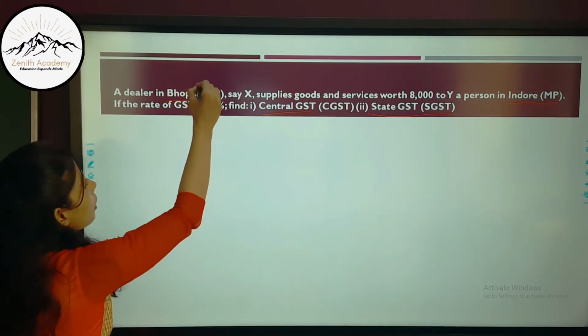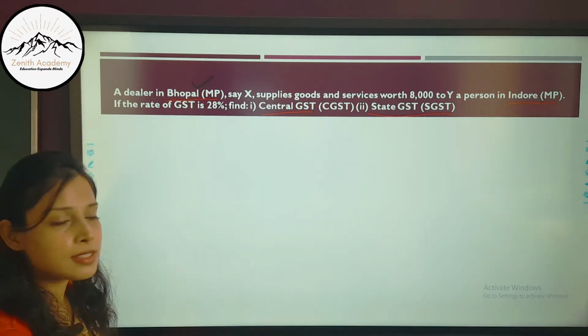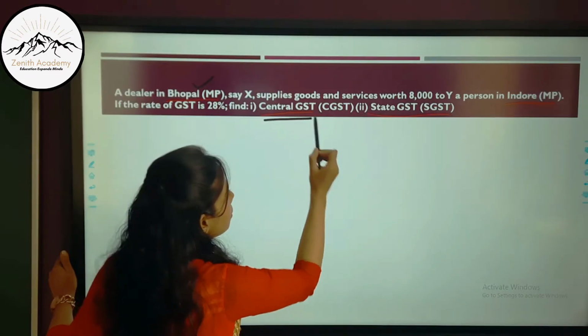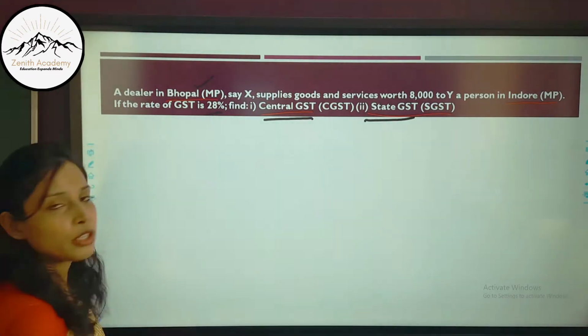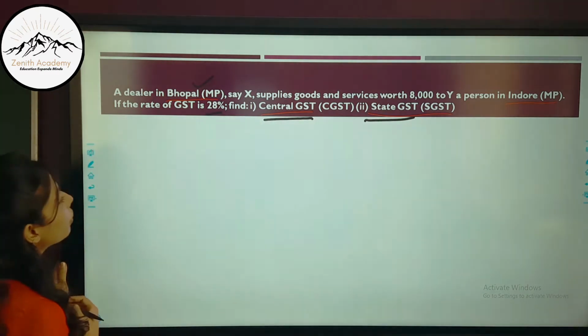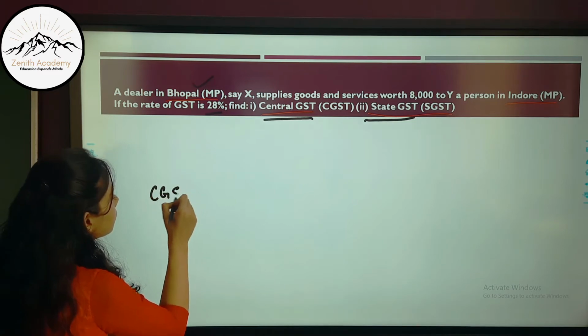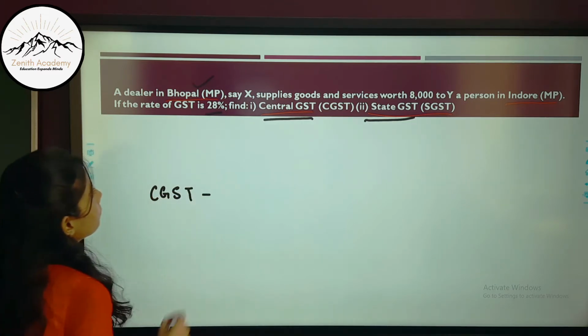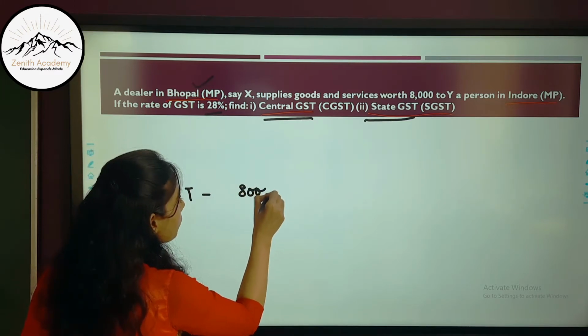Now, since they both are in the same state, that is Madhya Pradesh, this is an intrastate transaction and we just need to find the central GST and state GST. The rate of tax given to us is 28%. So, how will we find out? For CGST, the value of goods is 8,000 rupees.